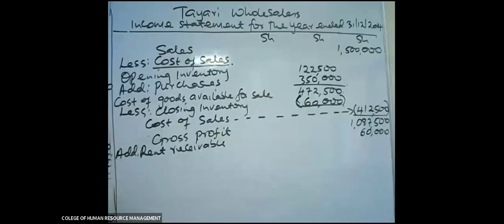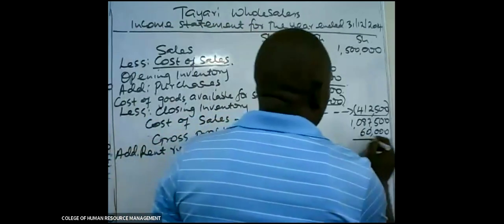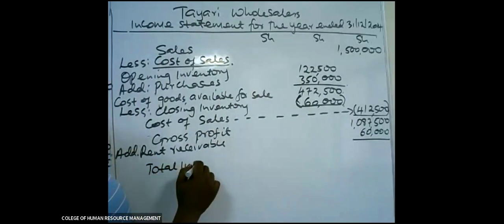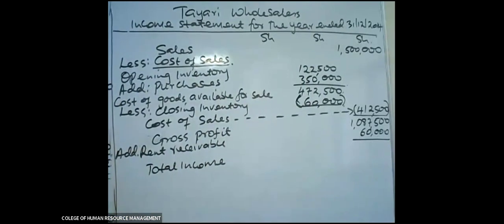We don't have discount received, commission received, or interest received. So that is the only one. We add it so that we can determine total income, which is coming to 1,147,500.